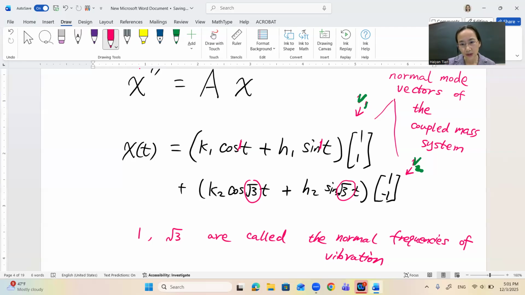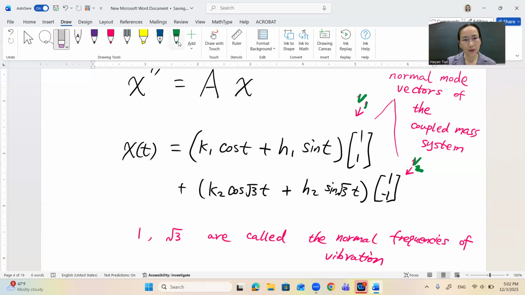Although it was not necessary to be included, the sine t, cosine t. I just want to point out that the 1 is there. And square root 3, right? Cosine square root 3, sine square root 3t. So these 2 numbers are called the normal frequencies of vibration.